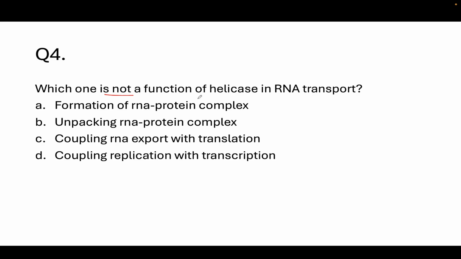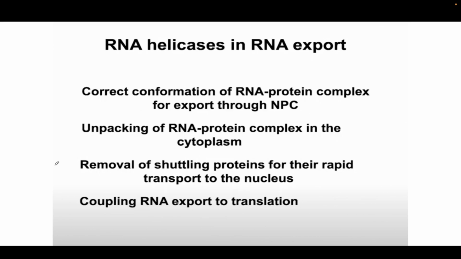Okay, as I see, you answered D, coupling replication with transcription. So let's discuss it first. RNA helicases in RNA export ensure correct conformation of the RNA protein complex for export through the NPC. NPC means what? Nuclear pore complex.